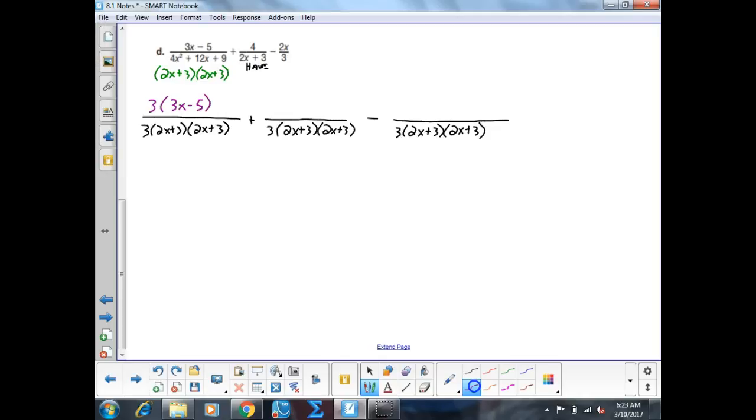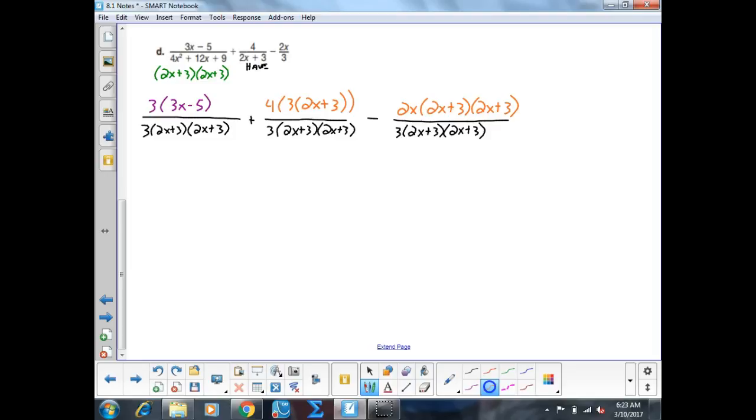Second one, what needs to change is I need a 3 and I need another 2x plus 3. Third one, what needs to change is I need a 2x plus 3 and a 2x plus 3.